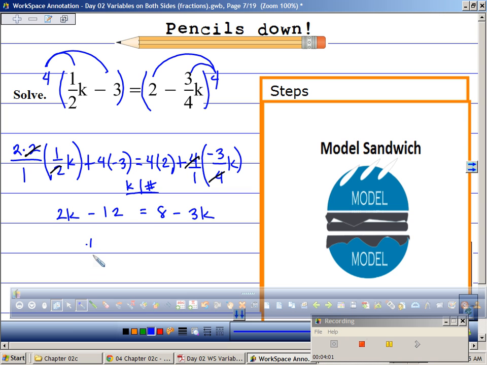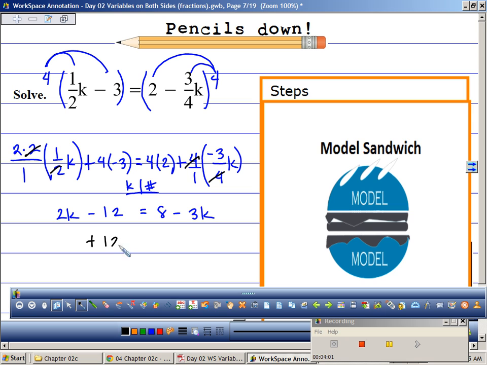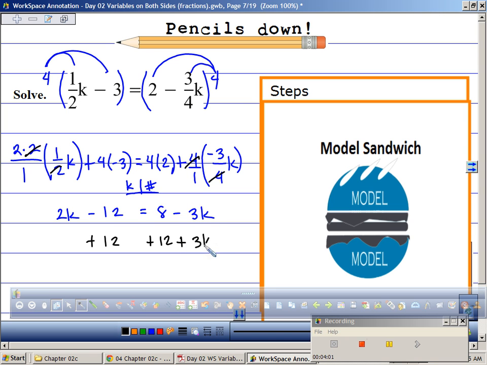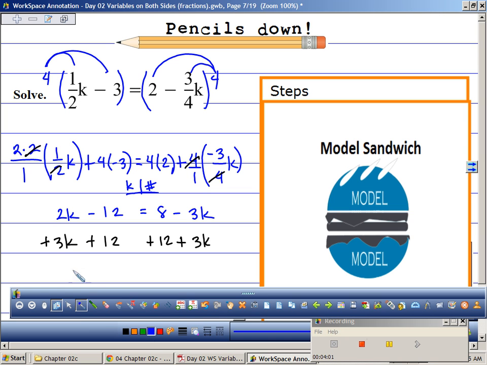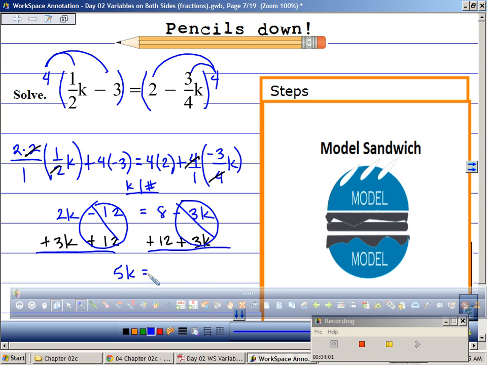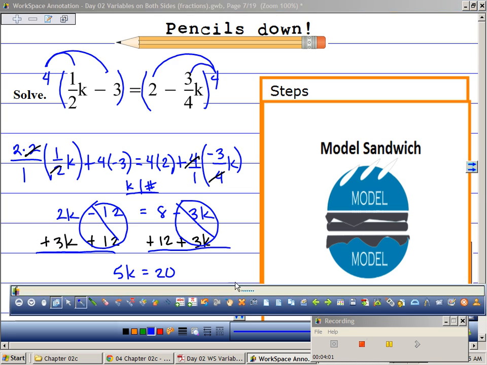Add 12. Ooh, let's change our color for this one. Going to add 12 to both sides. That gets rid of it. Am I supposed to have variables on this side? No, so I need to do the inverse. Add 3k to both sides. I do that. I'm left with, let's see, these go away. These go away. I'm left with 5k's is equal to 20.